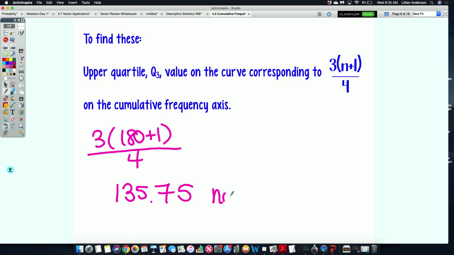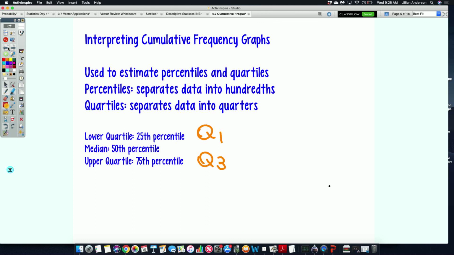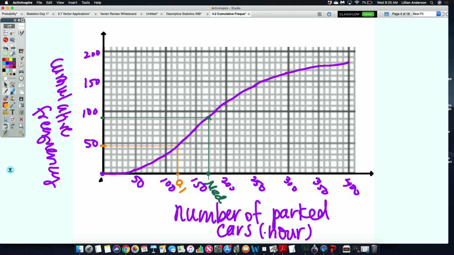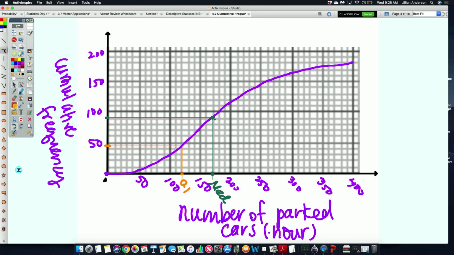Again, this is not Q3. It's where you go on your cumulative frequency axis to find Q3. So I go to 135.75, again using my straight edge. That's halfway through 130. When I hit my curve, what do I do at this point?